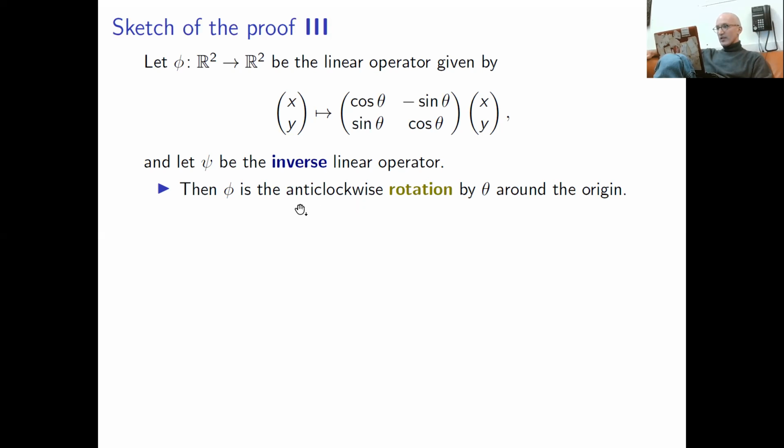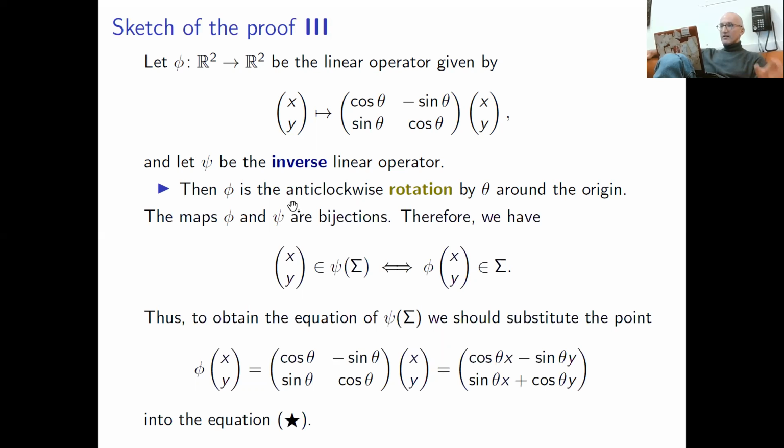So phi is an anticlockwise rotation, and psi is a clockwise rotation. As I already mentioned, they are bijections. And a point xy is contained in psi of sigma if and only if phi of xy is contained in sigma.